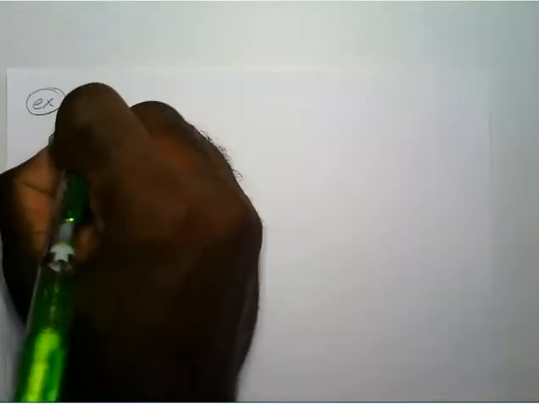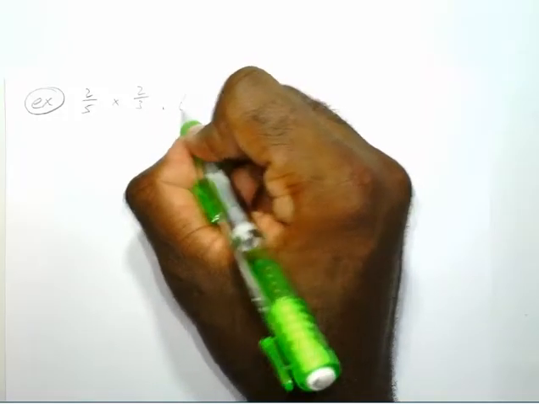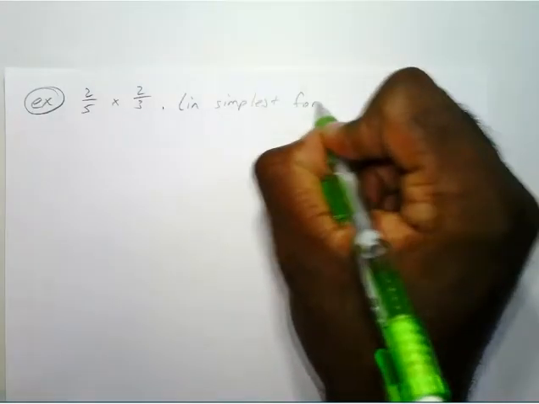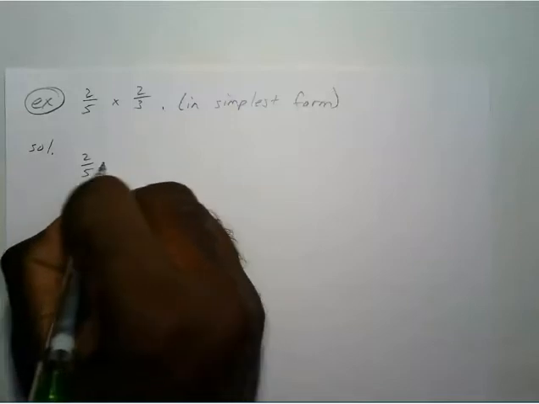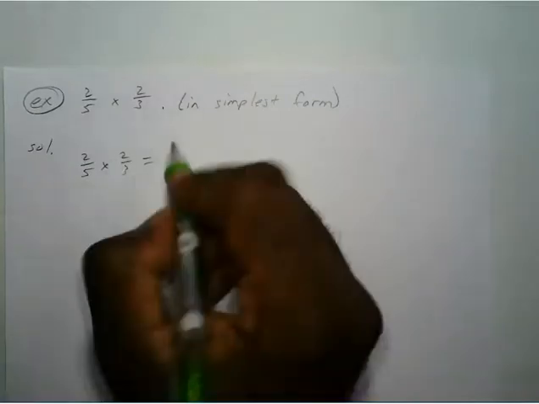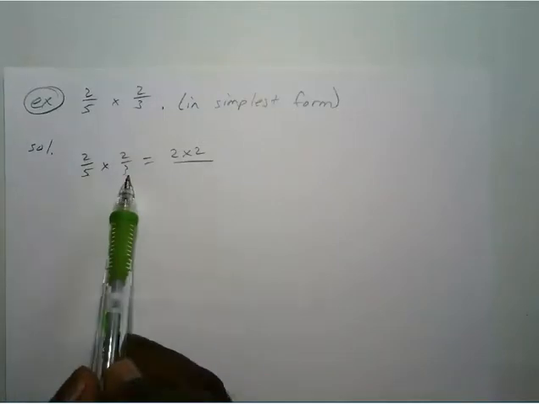All right, so let's say for this example, we have 2/5 times 2/3, and you want your answer in the simplest form. Just like before, we're going to multiply our numerators, so we have 2 times 2, and then we're going to multiply our denominators, 5 times 3.